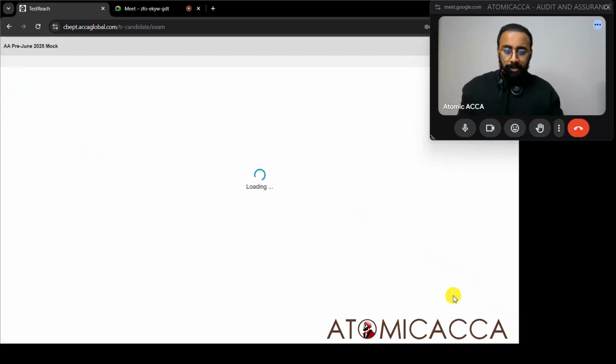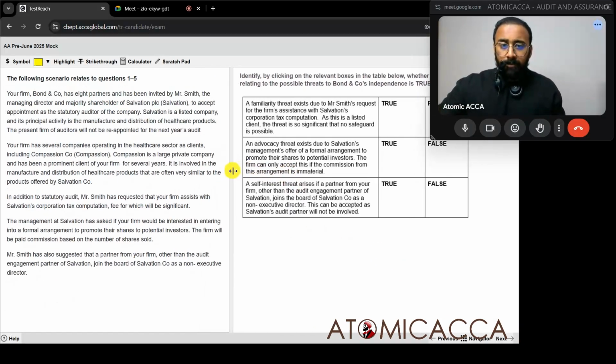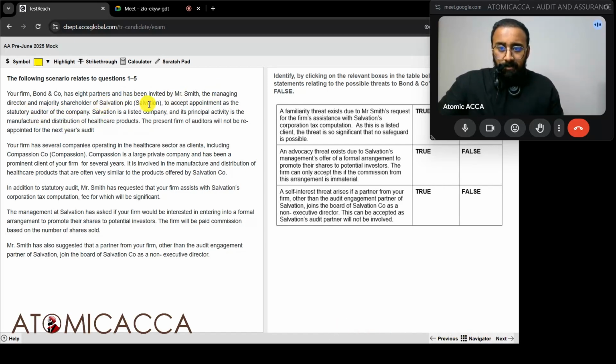All right. So let's start with case study number 1. Before we read all the requirements, we'll just have a brief reading of the case study and understand what is there in the story. Your firm Bond and Company has 8 partners and has been invited by Mr. Smith, the managing director and majority shareholder of Salvation PLC, to accept appointment as the statutory auditor for the company.